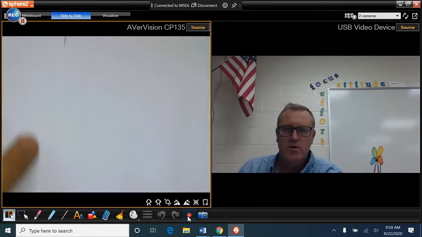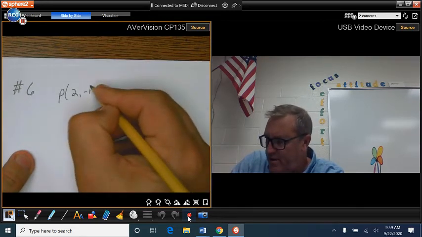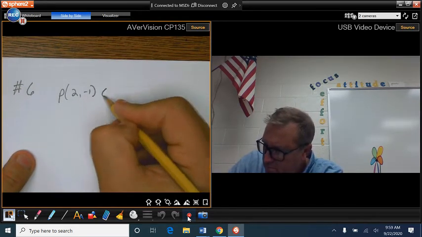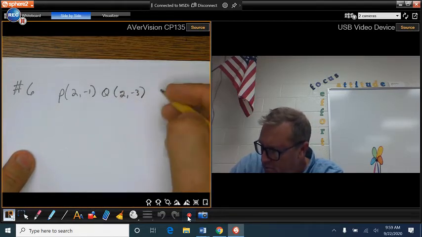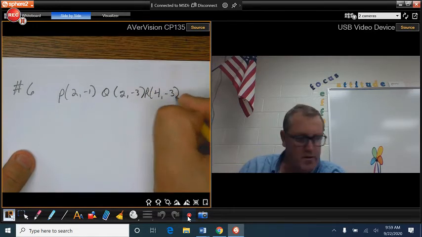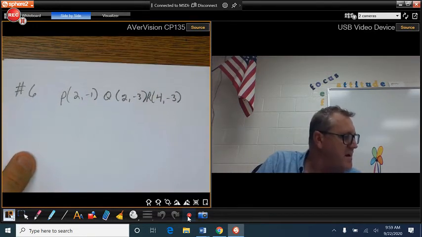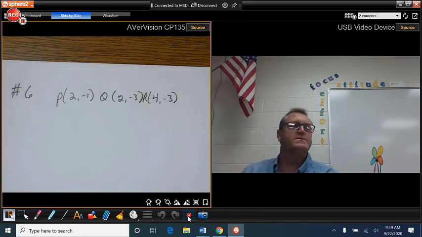P is 2, -1. And then Q is 2, -3. And then R is 4, -3. Those are given, right? Okay, what vector, Maddie, are we using? Given in the instructions.